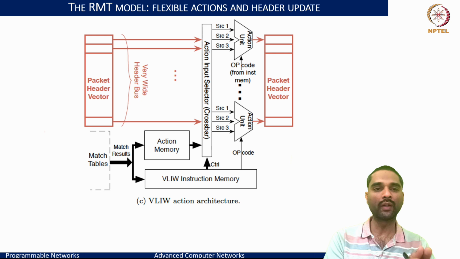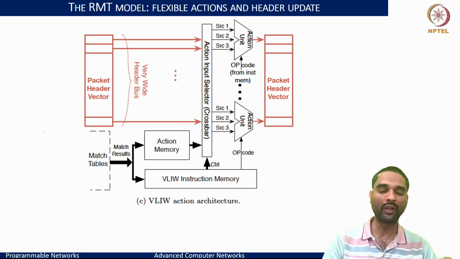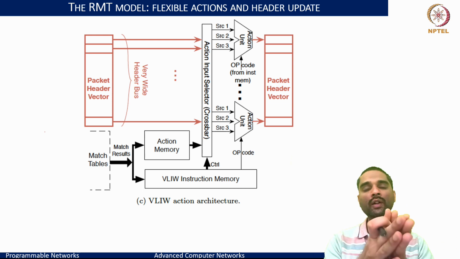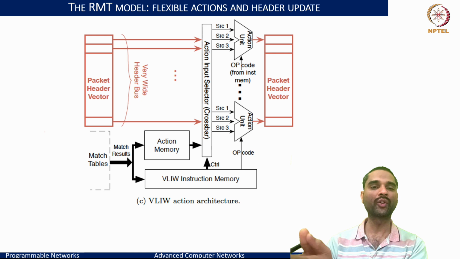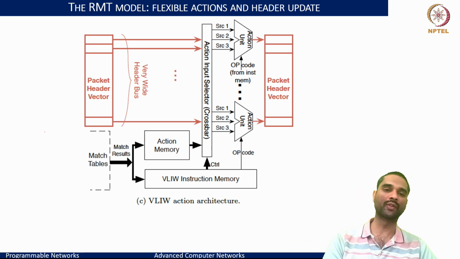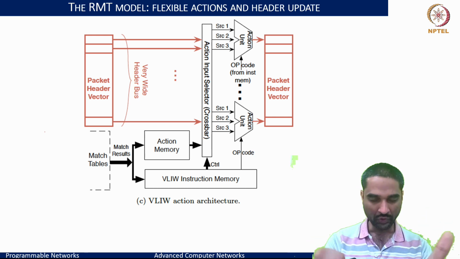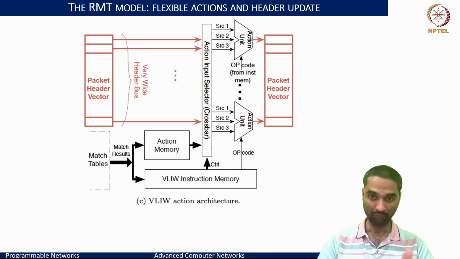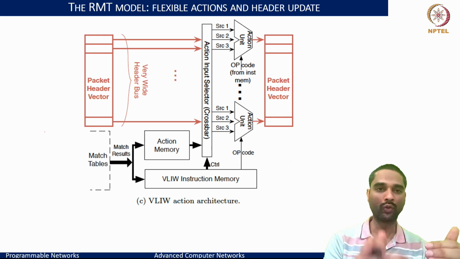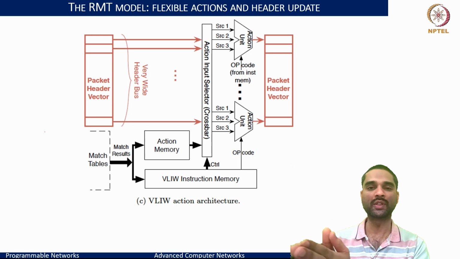This packet header vector would also be padded with the state information or metadata that you would want to tag, so that you can associate the header with the payload, and which stage's processing is being done can also be carried as metadata. And this packet header vector would then use the bits, and each of the bits that you want to match on may result in a specific set of actions.